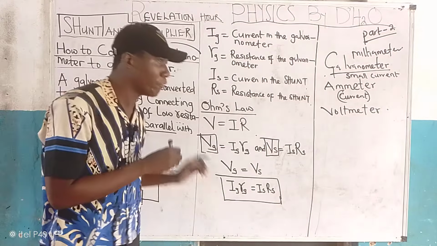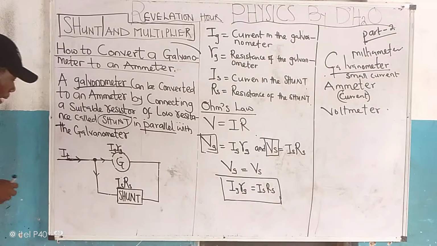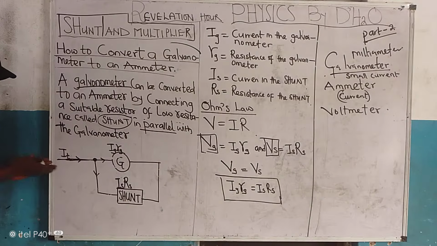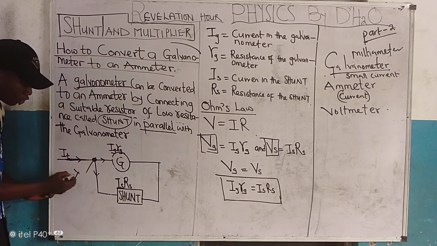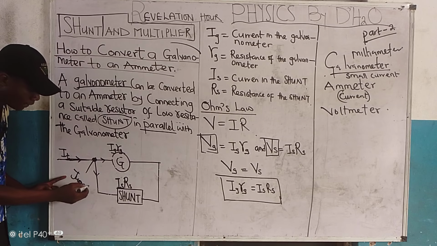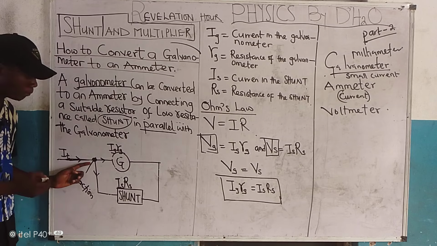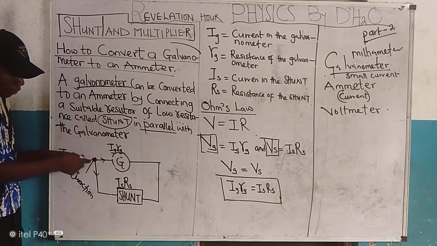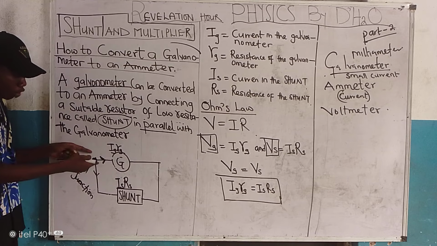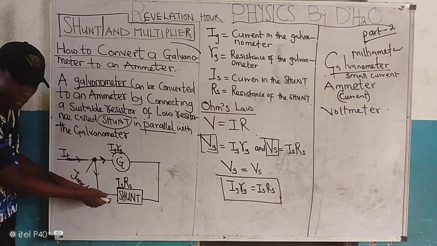One other important formula that we need here is this. Remember that the total current coming into the circuit is called I total. When the current gets to this point, it is called a junction. A junction is a point where three or more circuit elements meet. At this junction, the current will divide. Some current will come here, while some will go here.